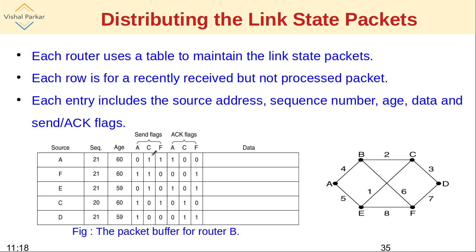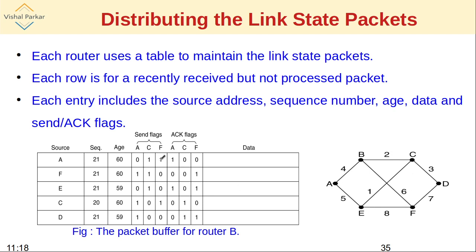Send flags basically mean that the bit for the corresponding router will be set if the received link state packet is to be sent to that neighbor. Now, for the first entry, for the packet which is received from A to B, B has to send the packet to its remaining neighbors, like C and F.